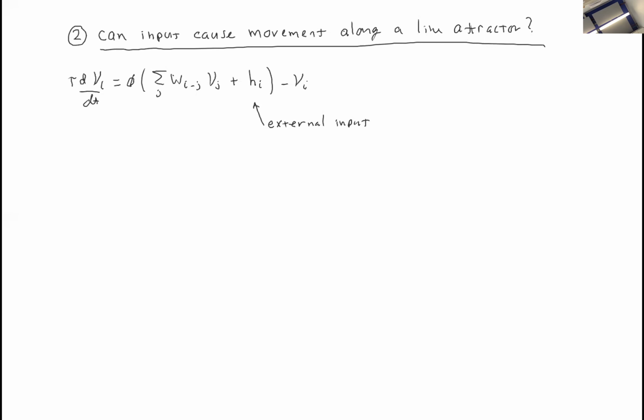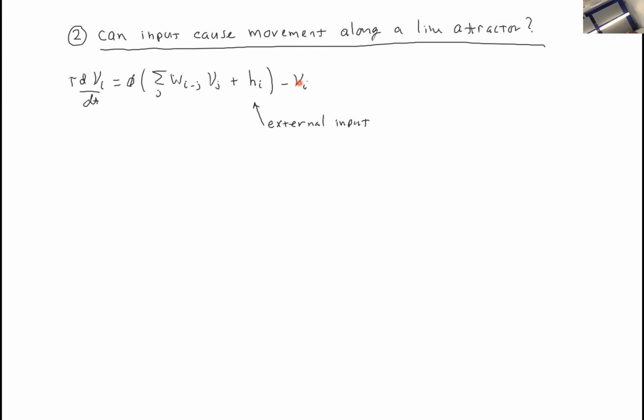And it makes sense, right? If the input is too big, the firing rate goes up, and if it's too small, the firing rate goes down relative to its equilibrium.